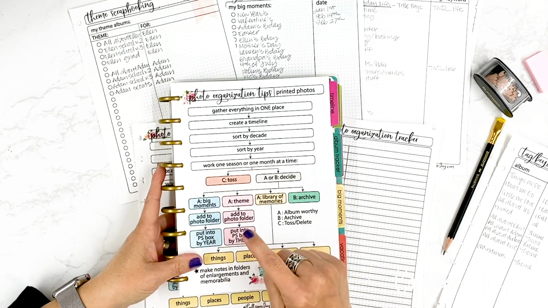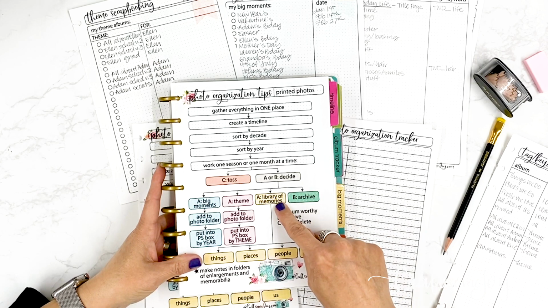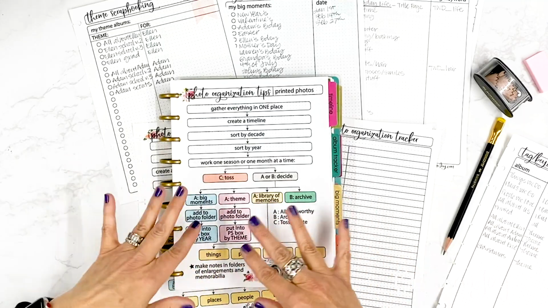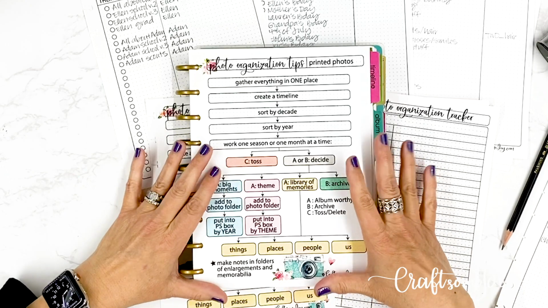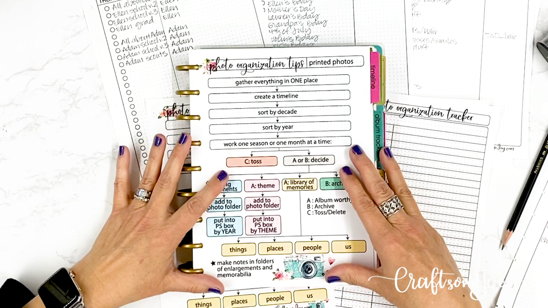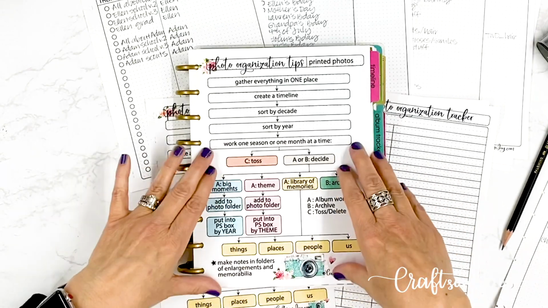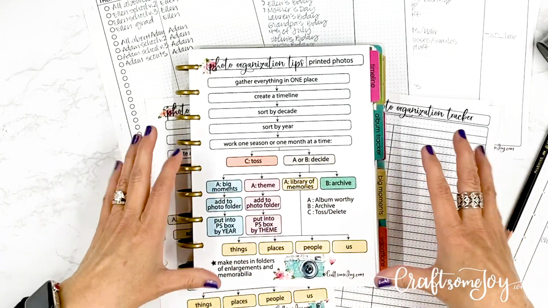Do you want to do different types of theme albums? Are you a library of memories type person? Or like me, do you want to do them all and a little bit of this and a little bit of that? This has helped me get organized in the types of album making projects. And so we're going to start by jumping off from the POP Planner platform into digital.